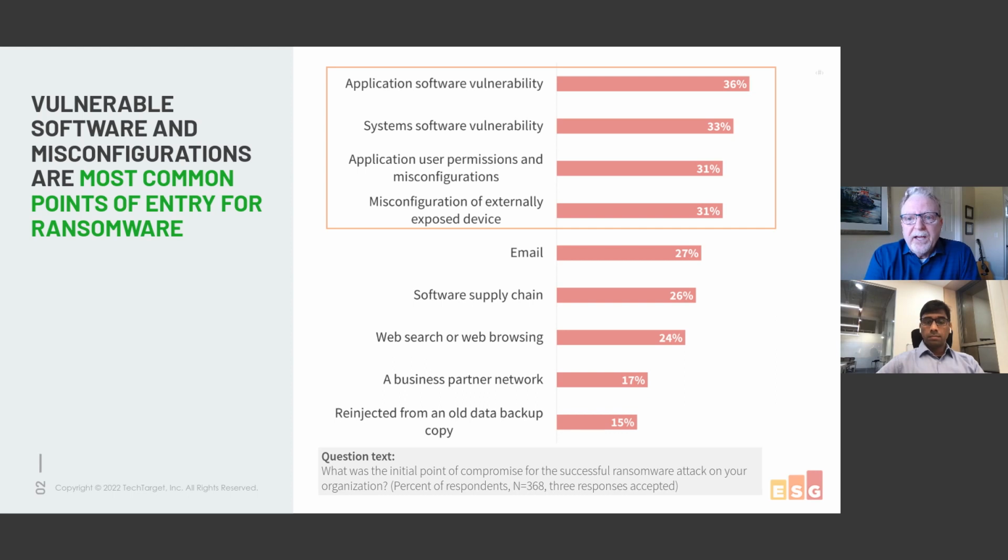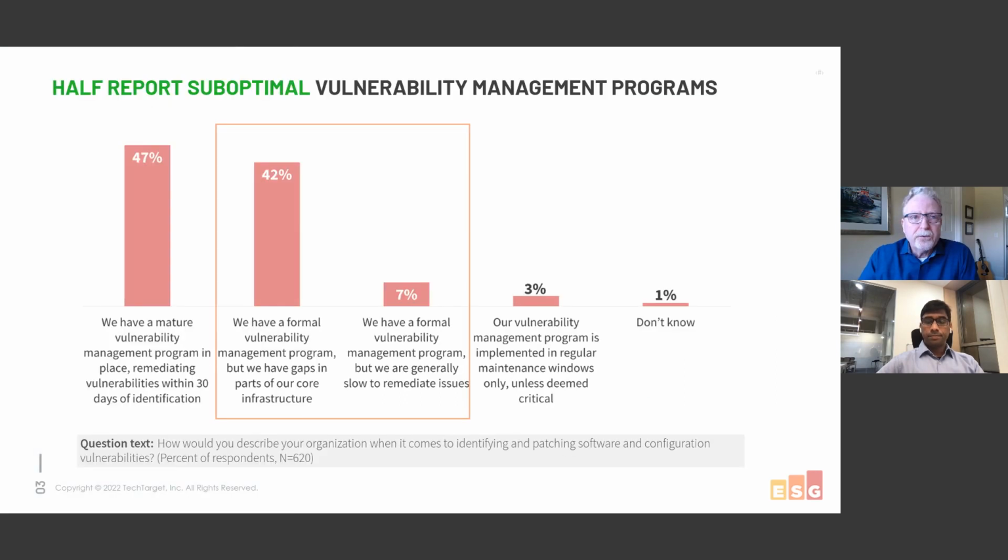and in this particular data set, this was about ransomware attacks, I went on further to take a look at how people feel about their current vulnerability management programs. And here you see the research tells us that half of organizations report that they have what I would call suboptimal vulnerability management programs, and that is that they have gaps in part of their infrastructure for operating the vulnerability management programs, or they're slow to remediate identified issues within their environment as well.